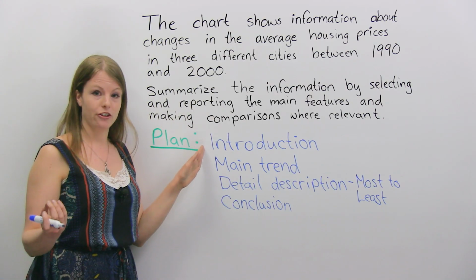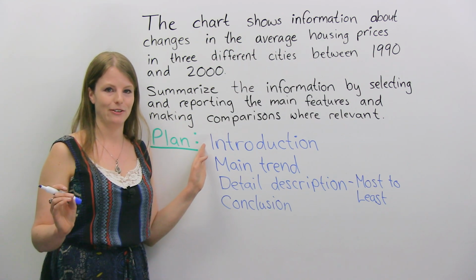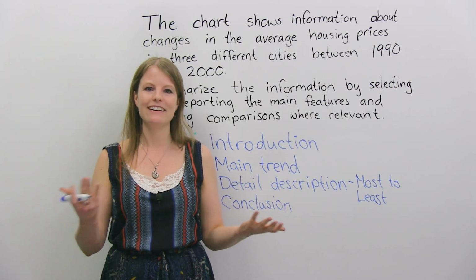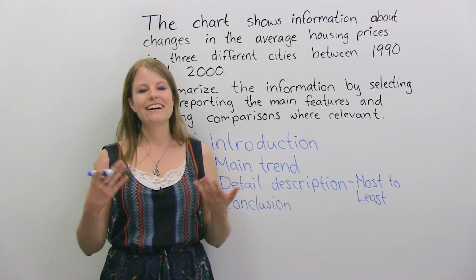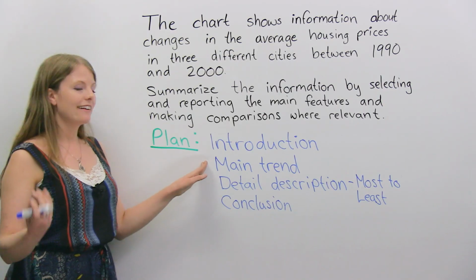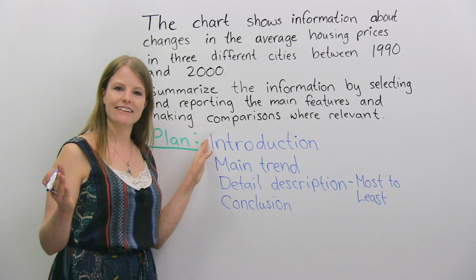That's key in your introduction. Again, you are not giving your opinion here. Whether you think it's great that all these Canadian cities' housing prices are going down, you don't give your opinion about it.